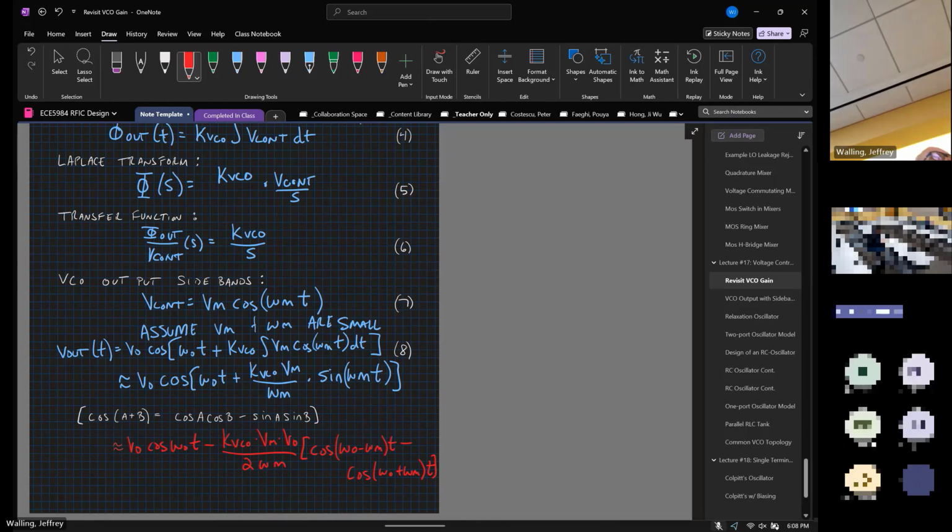Okay, so now if we look at the output of our VCO after we've added this modulating tone on it, what does it look like?